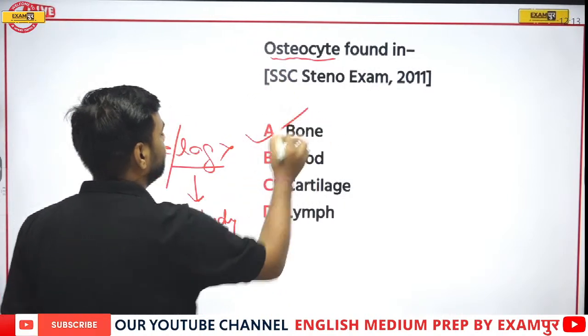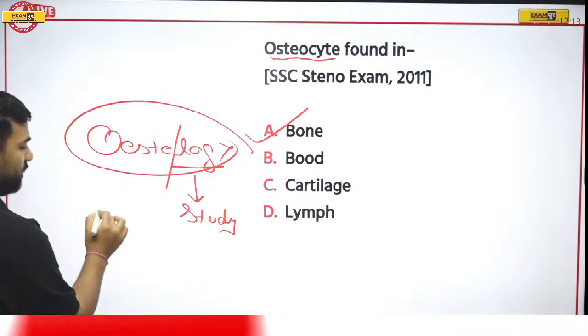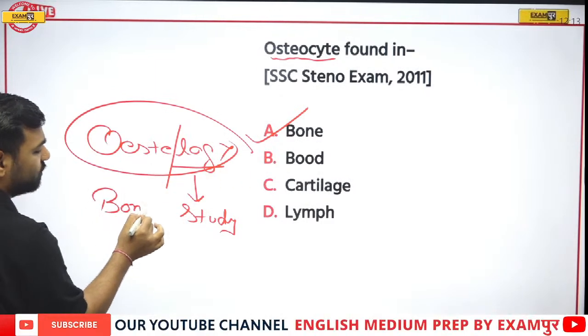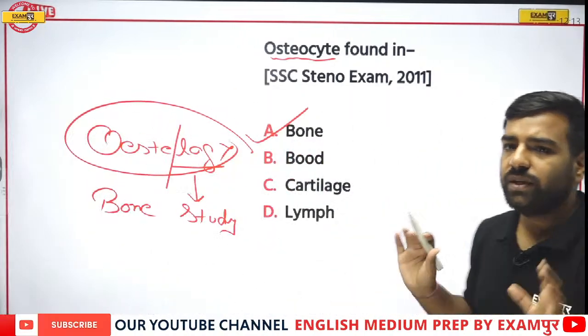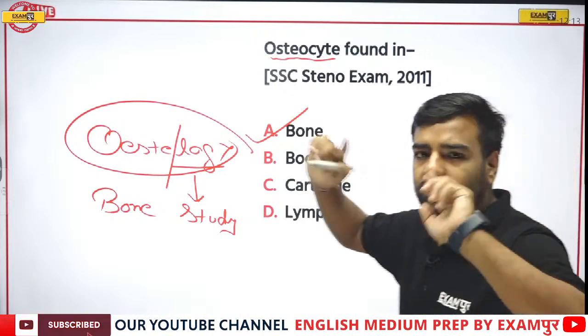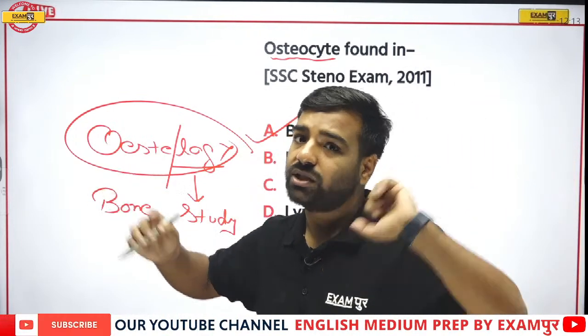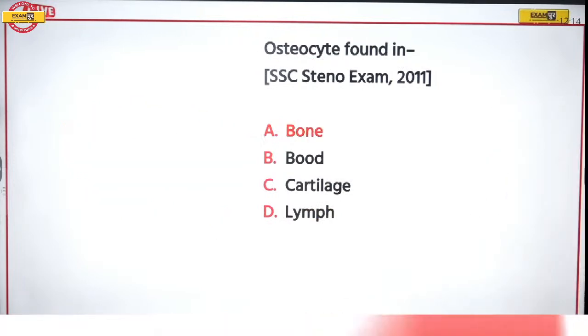The cells which are present in the bone are osteocytes. The study of the bone is known as osteology. So bone's study is osteology, and the cells which are present are osteocytes. So here bone will be the correct answer. Ravindra, I guess you have cleared the difference between the previous question and the present one. Option A, that is bone, is the correct answer.